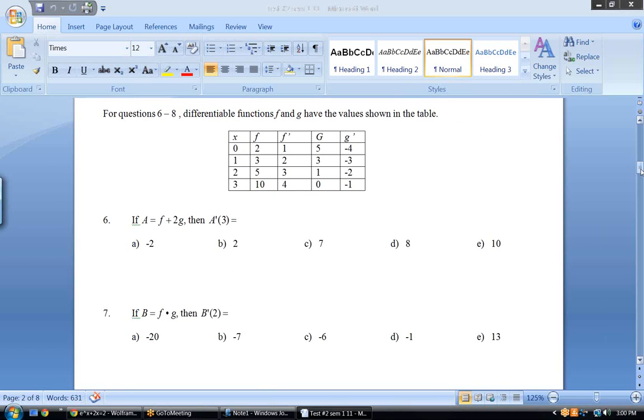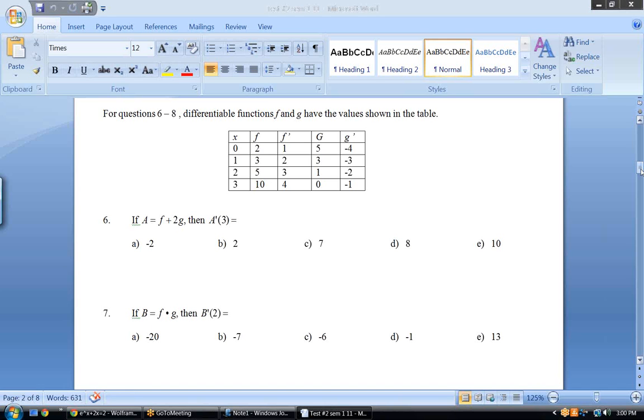6 through 8. Differentiable functions f and g have the values shown in the table. When x is 0, f of x is 2, f prime of x is 1, capital G. Is there a reason they used a capital G there? That should be a little g, right?